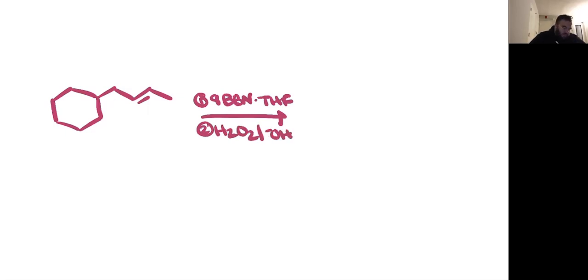Cool. So doing that, you see that of these two sides, this one is the least hindered one, right? It's farther away from that 6-membered ring. So we end up getting our alcohol at that position.